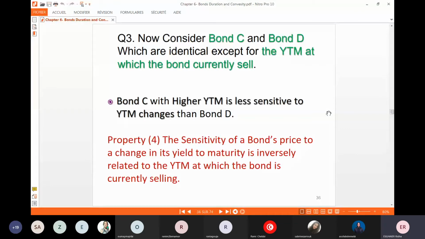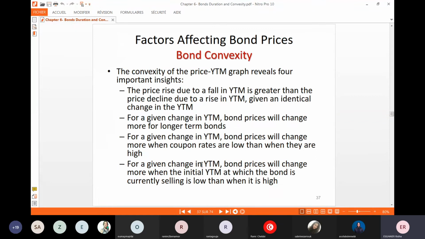وهوني عندنا summary بتاع the factors that affect the sensitivity of the bond. نعرفوا اللي the bond price الفاريشن تاعو تمشي في an opposite direction with the market interest rates. ونعرفوا اللي bond price will change more for longer term bonds.